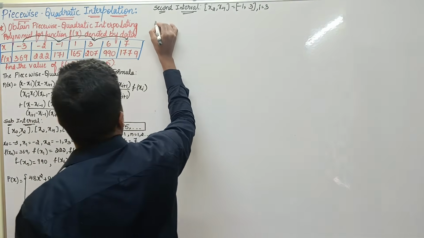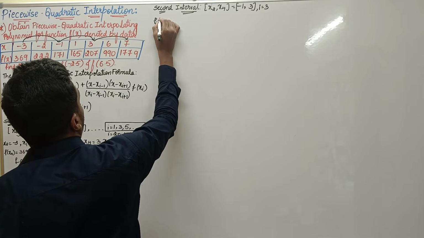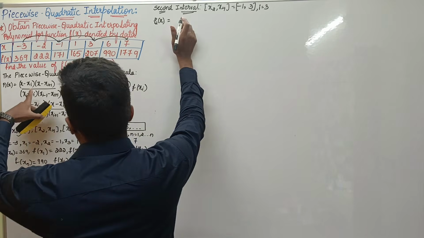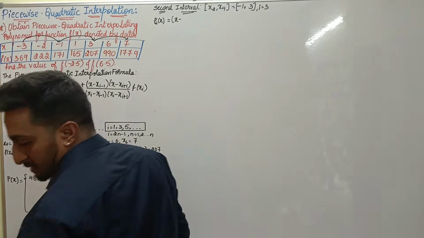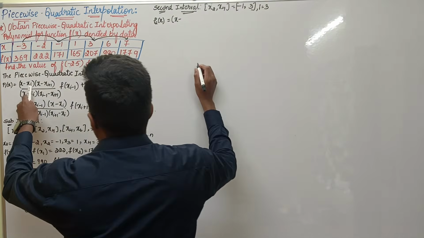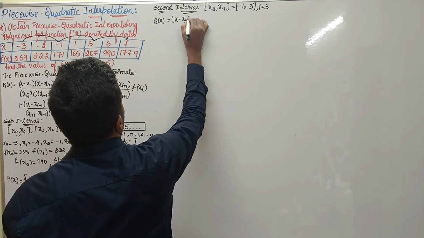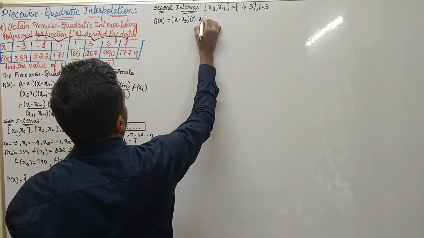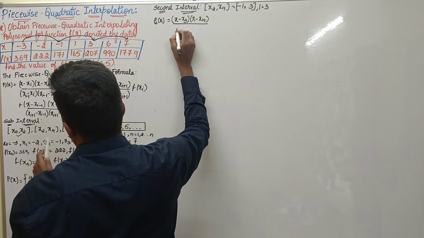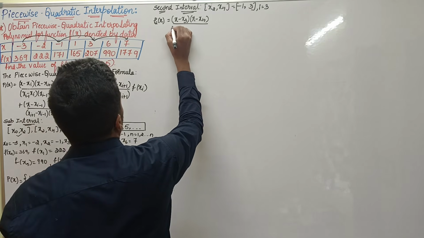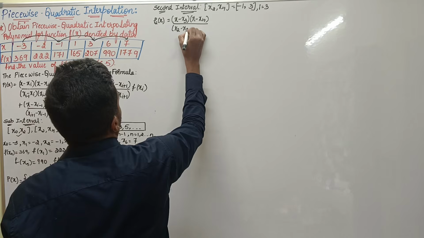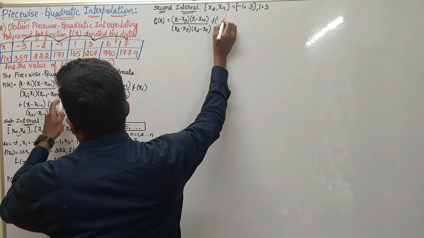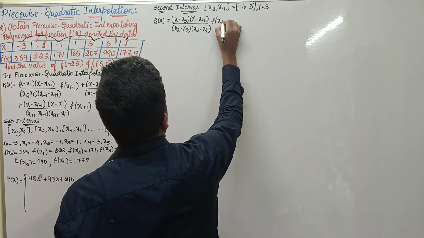After this, let us represent the second piecewise, that is P2 of x, which is equal to: x minus x_i, where i is 3, into x minus x_(i+1), that is x4, whole divided by x2 minus x3, x2 minus x4, into f of x_(i-1), that is x2.